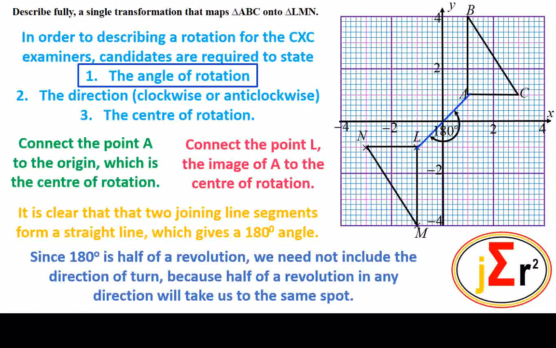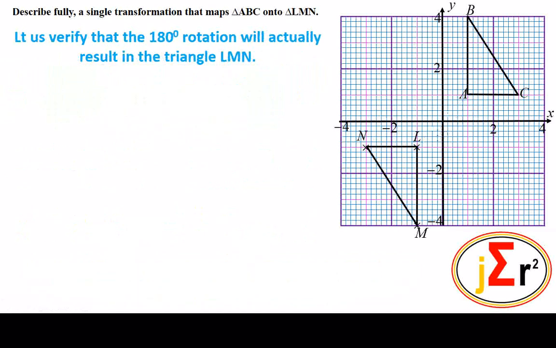So it does not matter whether it is clockwise or counterclockwise, because if we go 180 degrees clockwise, we will end right there, and if we go 180 degrees anti-clockwise, it will end at the same point. So we don't need to mention that for a 180 degrees angle of rotation. So there we have our 180 degrees angle of rotation.